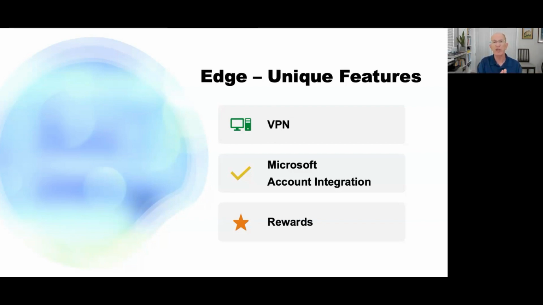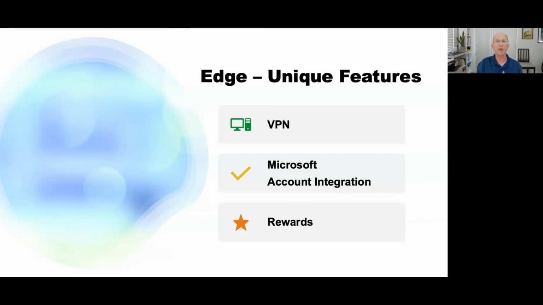It's a free VPN, so that if you want to browse using a VPN, you don't have to subscribe to a service. They are integrated with Microsoft's accounts, so if you use 365 or other Microsoft accounts, they also have something called rewards. They give you points that can be redeemed for gift cards if you use Edge for browsing, searching, news, other things like that, to encourage you to use Edge.